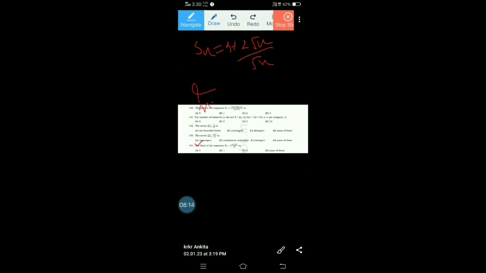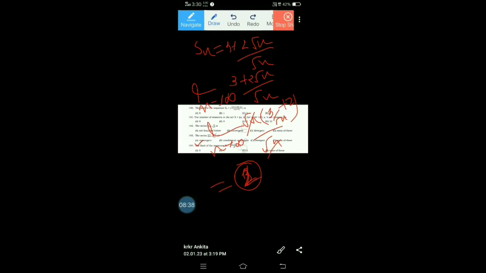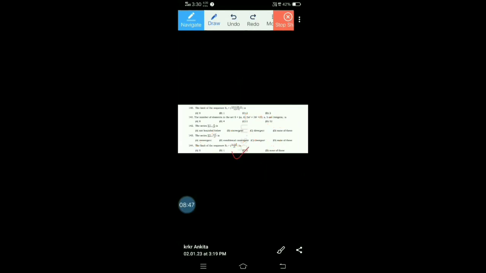Applying the limit n tends to infinity on both sides, in the numerator we take root n common, so we get 3 upon root n plus 2. Applying the limit n tends to infinity, 3 upon root n is equal to 0, so the limit will be 2. So here option C is correct, its limit is 2.